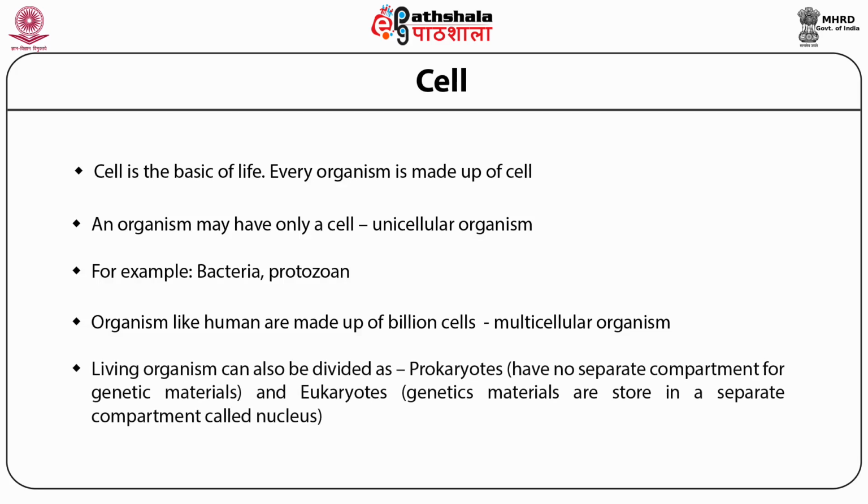All living organisms on earth can be divided into prokaryotes and eukaryotes. Prokaryotes are those organisms with no major compartment within the cell to separate the genetic material from the other components of the cell. Bacteria and blue-green algae are some examples of prokaryotes.